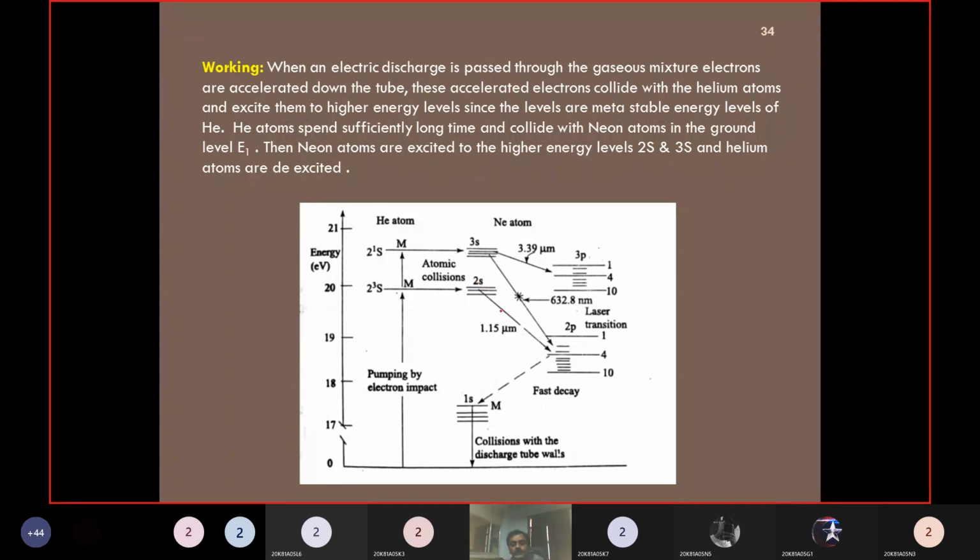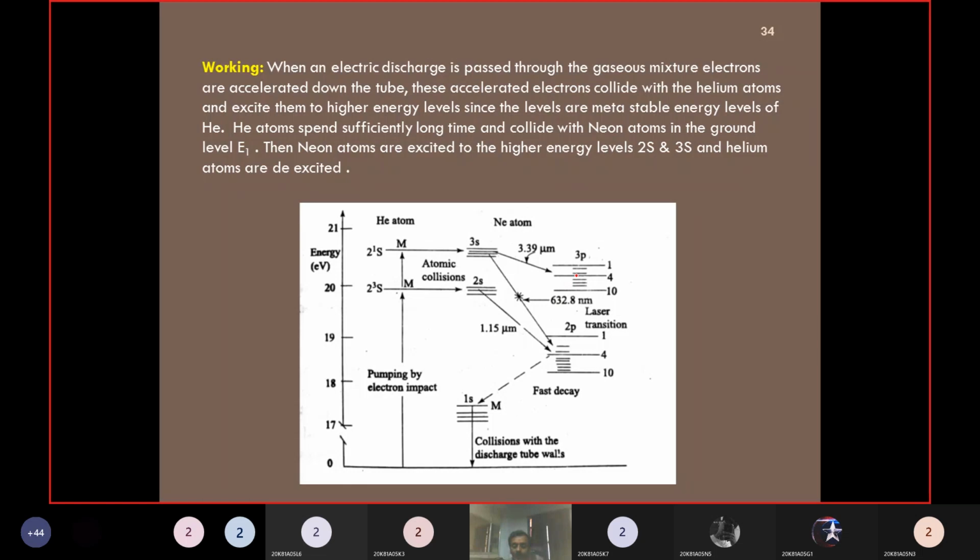These excited neon atoms come to different energy states: 3s to 3p and 2s to 2p. Based on the selection rule, these three are the lasing transitions, so laser will occur because of these three transitions.